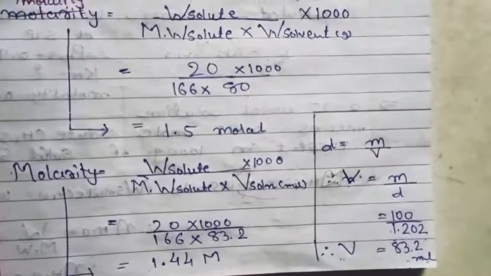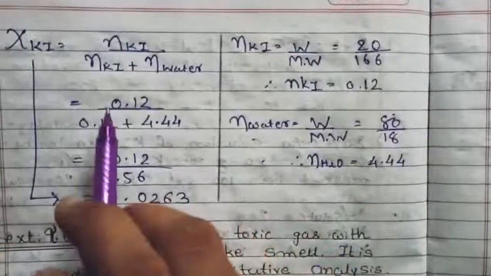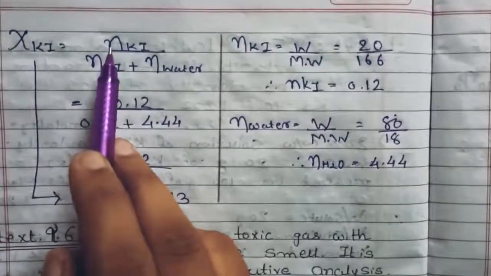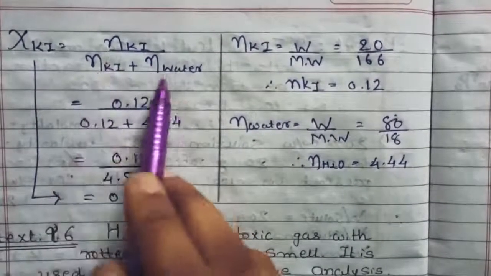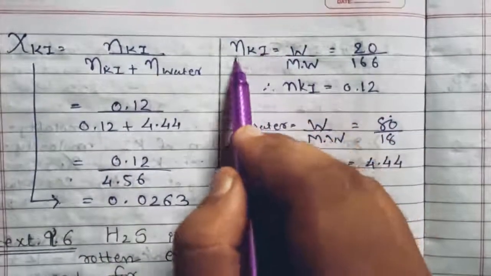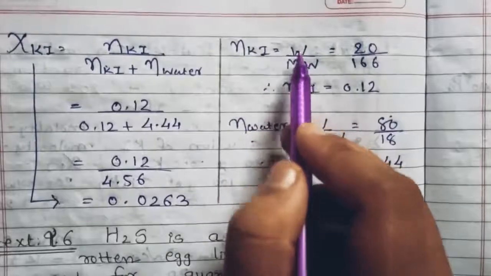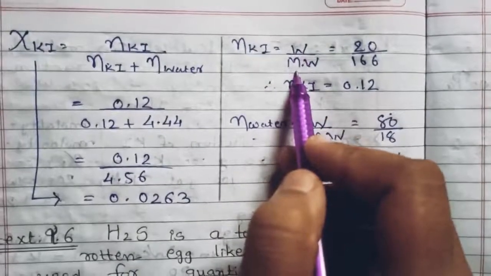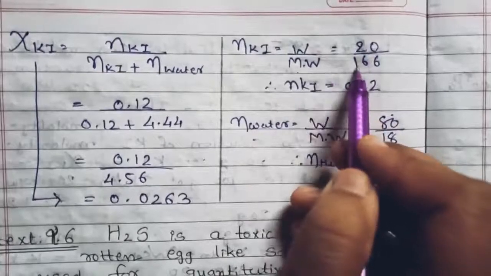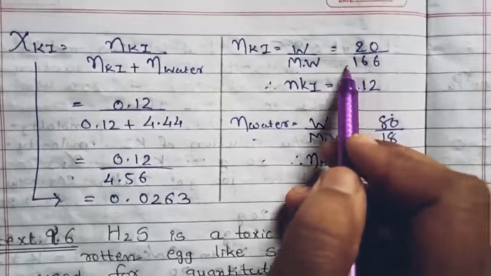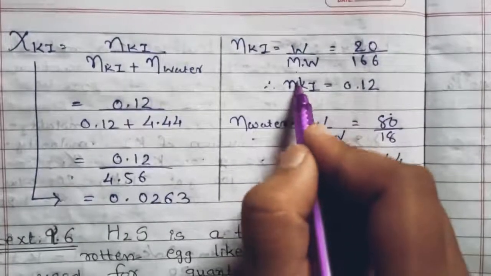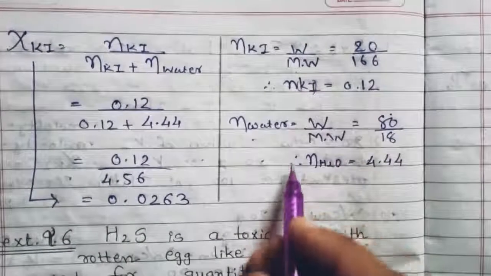right? Now third thing, we have to find out the mole fraction of the KI. For that, we will require the moles of KI and the moles of water. First find the moles of KI equal to mass of KI divided by molar mass of KI. KI is the solute, so mass of KI is 20 and molar mass is 166. So you will get moles of KI equal to 0.12.